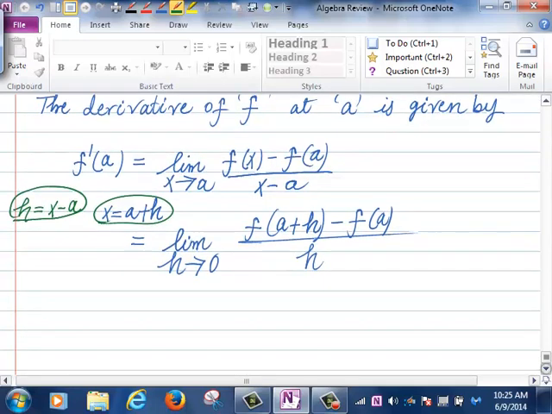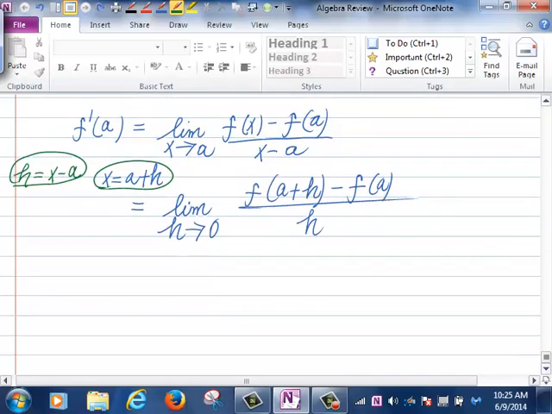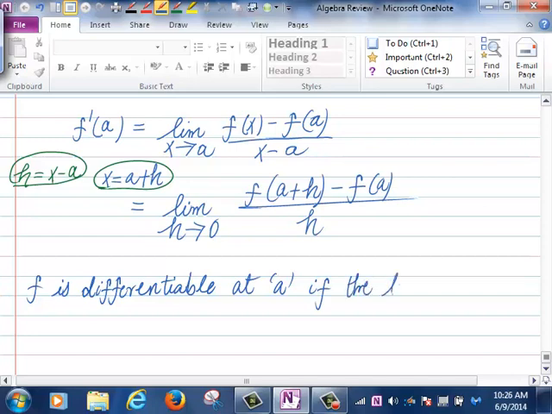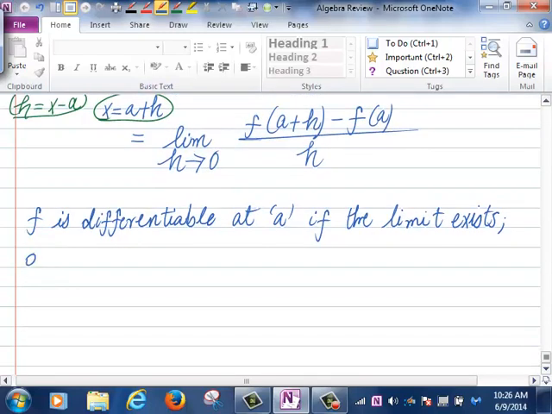So f is differentiable at a if the limit exists. Otherwise, f is not differentiable.